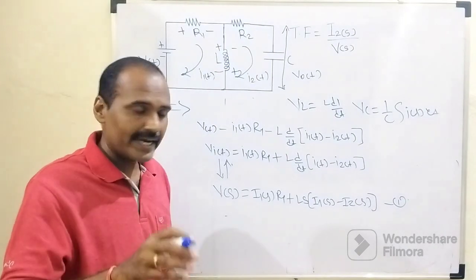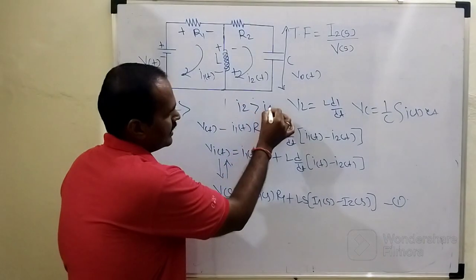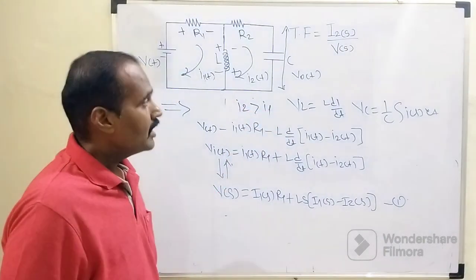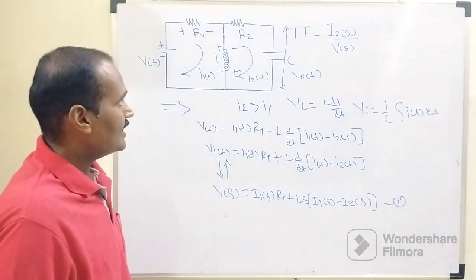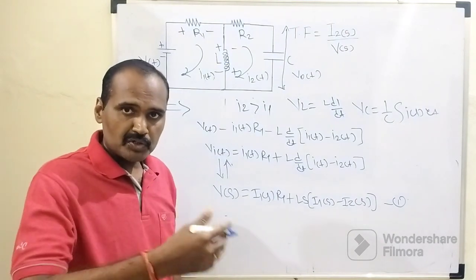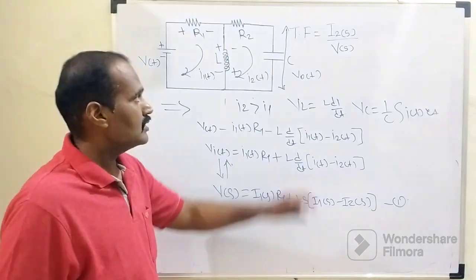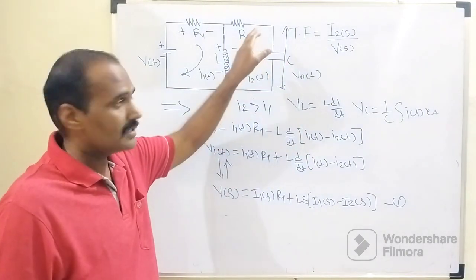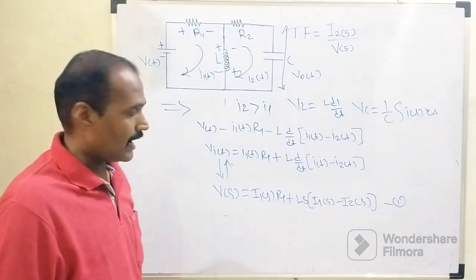But when we are in the second loop, at that time the significance of I2 is greater than I1, right? So when we apply Kirchhoff's voltage law to loop number 2, according to this law, the summation of all ohmic drops is equated to 0. So we need to find the ohmic drop across this capacitor, this resistor R2, and the ohmic drop across this inductor L, right?